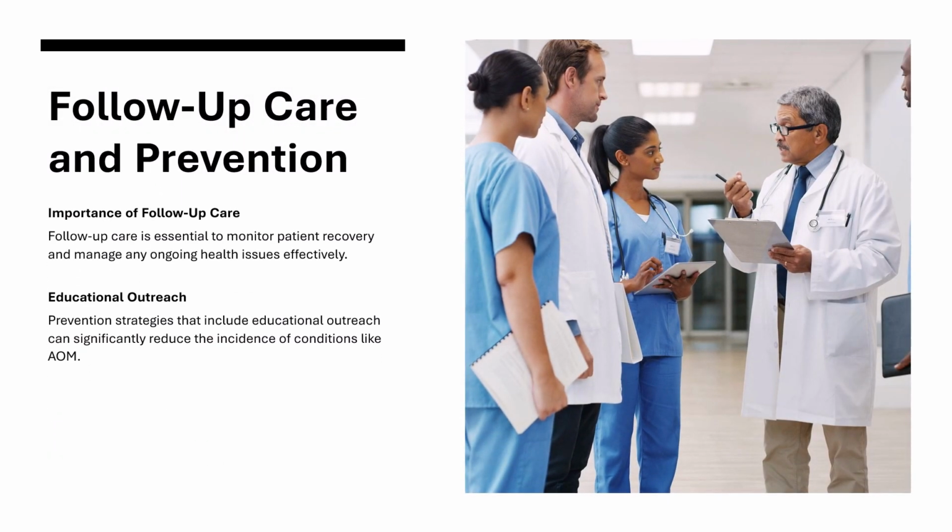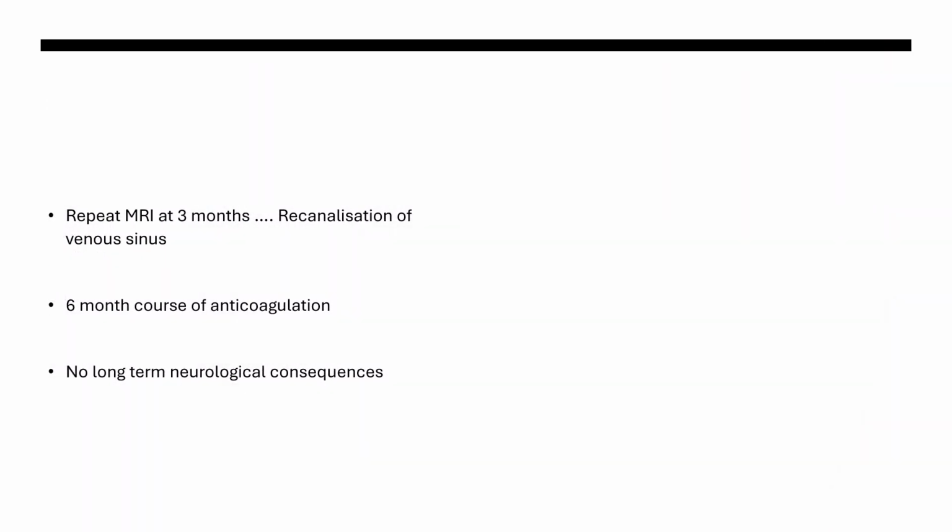Follow-up care and prevention is important so that we can monitor the patient. In our case, the child had an MRI at 3 months, which showed recanalization of the venous sinus, a 6-month course of anticoagulation, and no long-term neurological consequences, which is pretty good.